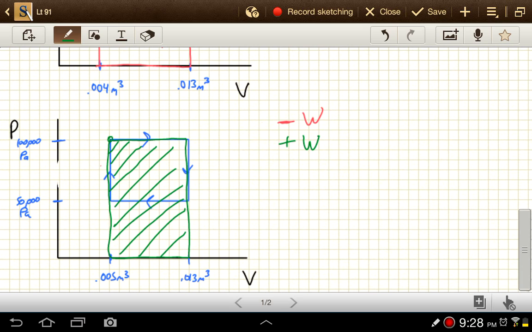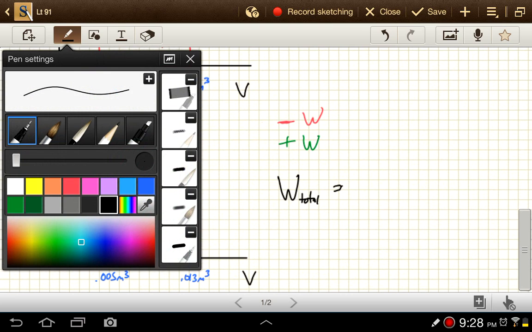Okay, so the work for that, I better be consistent and make sure that these are positive and negative correctly.